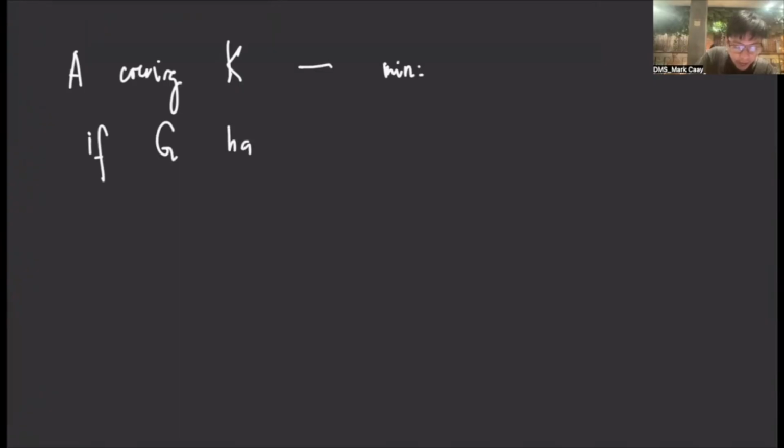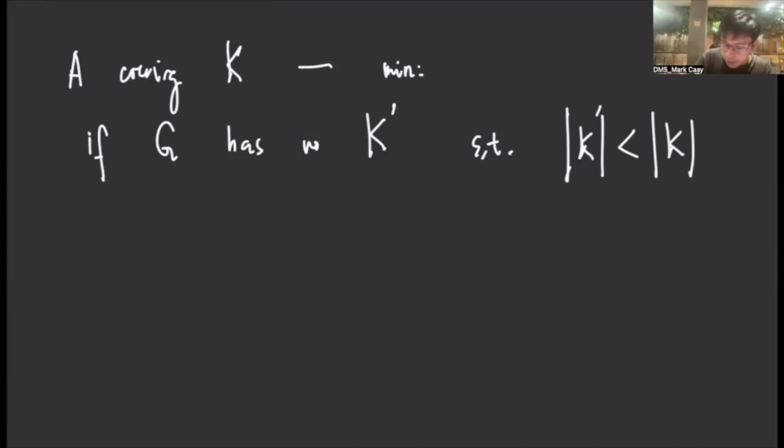So when we talk about covering, sinasabi natin, a covering K is minimum if yung G mo has no other covering, let's say K prime, such that yung K prime na cardinality mo is less than the cardinality of K. So kung wala kang mahanap na iba pa, ibig sabihin ito na yung minimum.